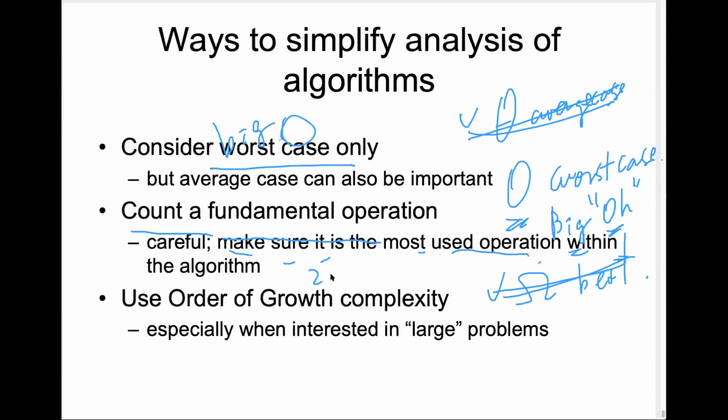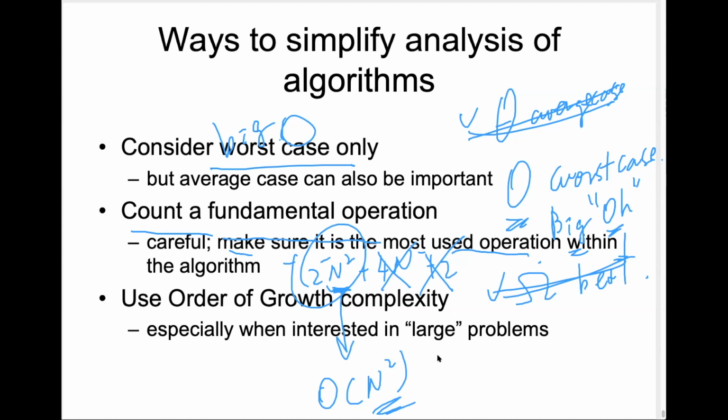We can eliminate terms, let's say 2n squared plus 4n plus 2. The most dominant term is n squared, because it is much, much bigger and has higher growth than the other terms. You can estimate the growth complexity from there. Generally, the order of growth complexity analysis applies to large problems.